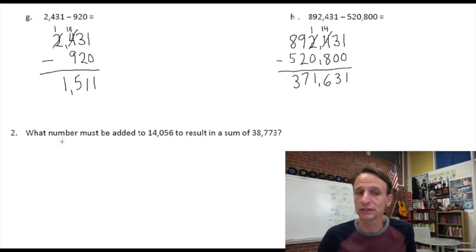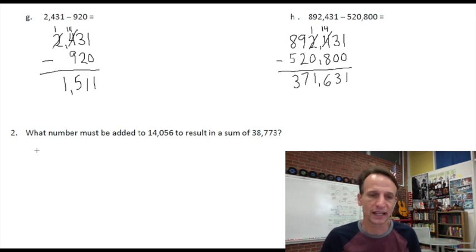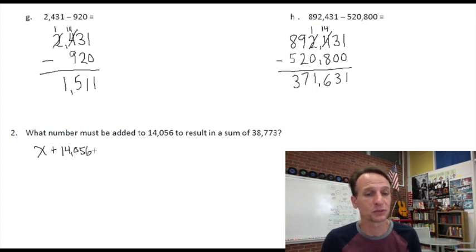We don't know what it is just yet. Let's call that number x. So we're going to add a number. It says what number, x, must be added to 14,056 to result in a sum, in other words, to be equal to 38,773.